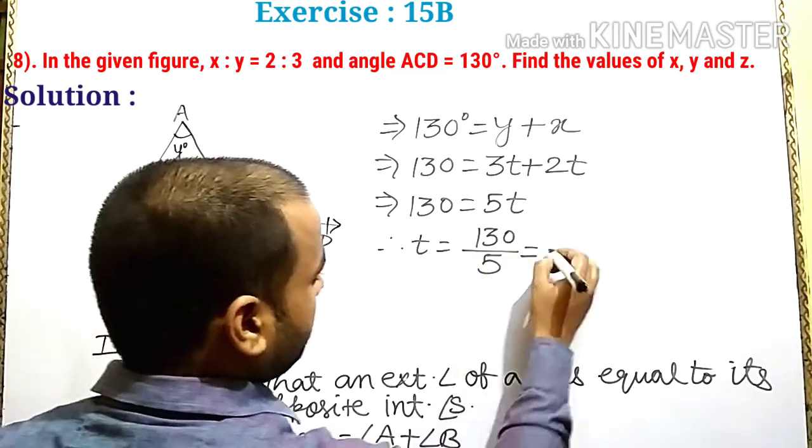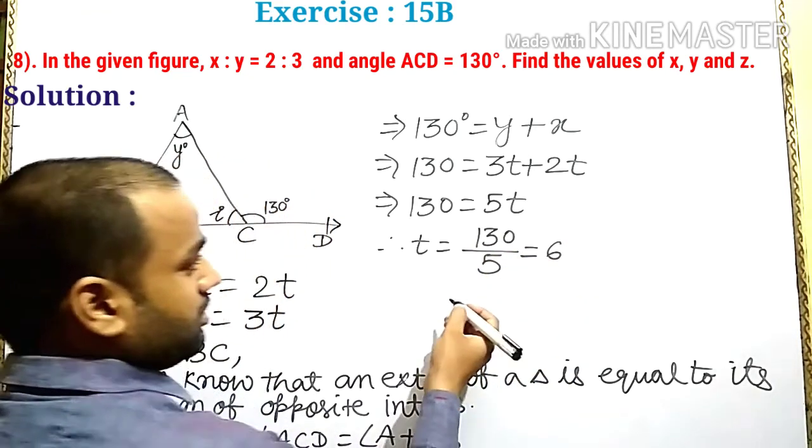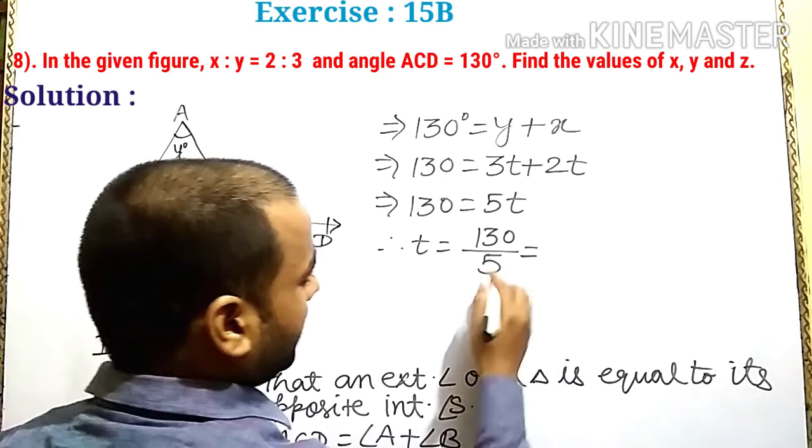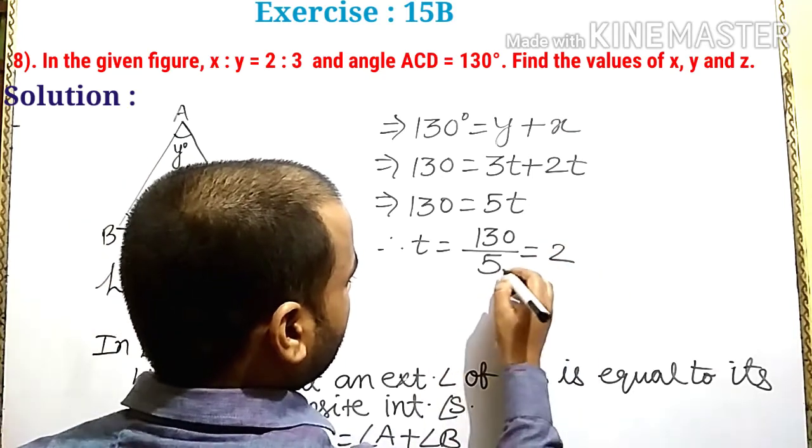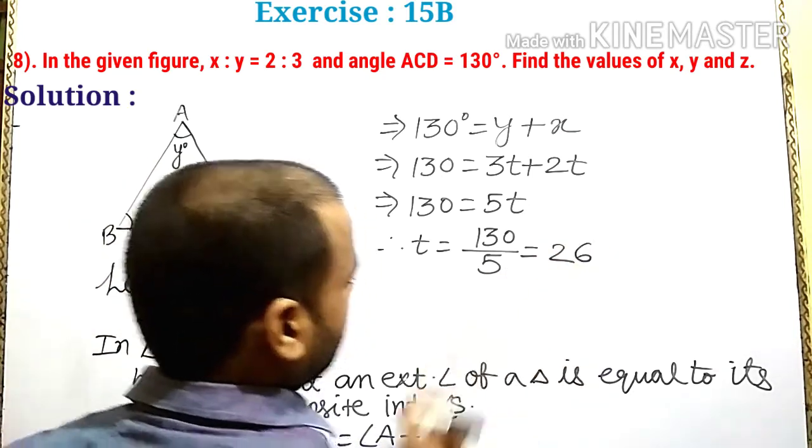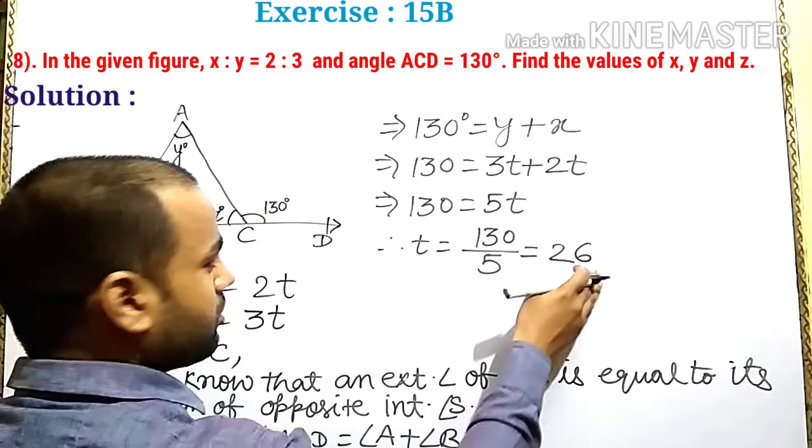We get 5 2s are 10 and 5 6s are 30, means t is equal to 26.